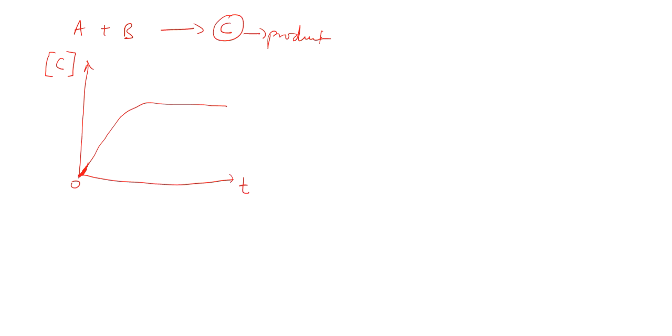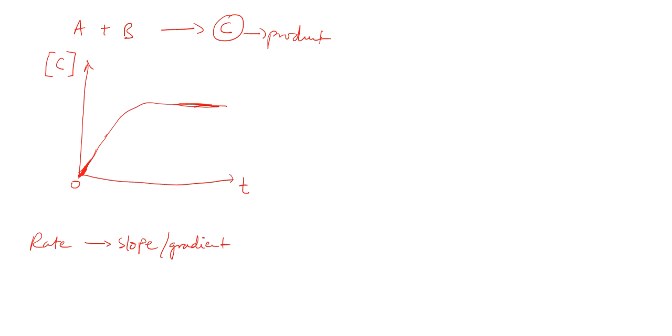Just remember that the rate of a reaction is related to the slope or gradient, right? If we remember our maths, the slope is the gradient of this line here, and when we reach this horizontal level here, the slope is 0. So when you see a horizontal line, the rate is 0.